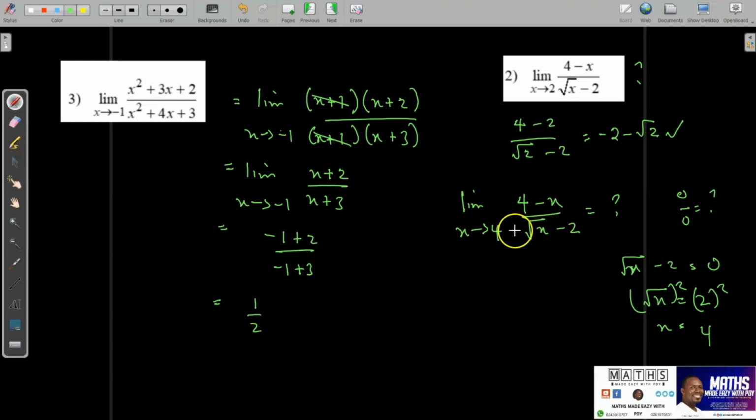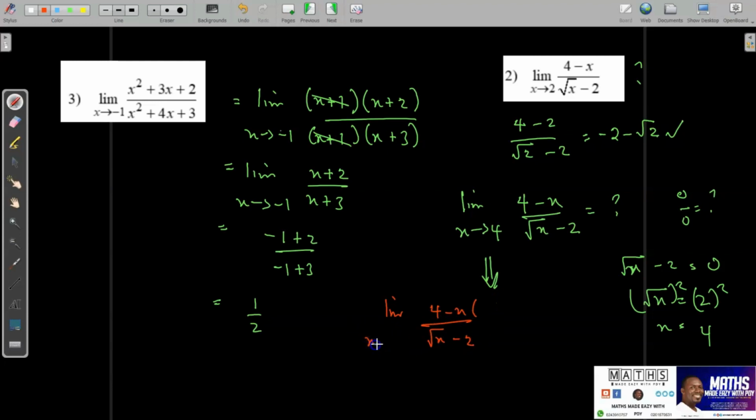So if the question was to be this, then please, all of you, let your mind be here. It means you are going to have it as the limit of 4 minus x over square root of x minus 2. Then you multiply the numerator by the conjugate of the denominator.